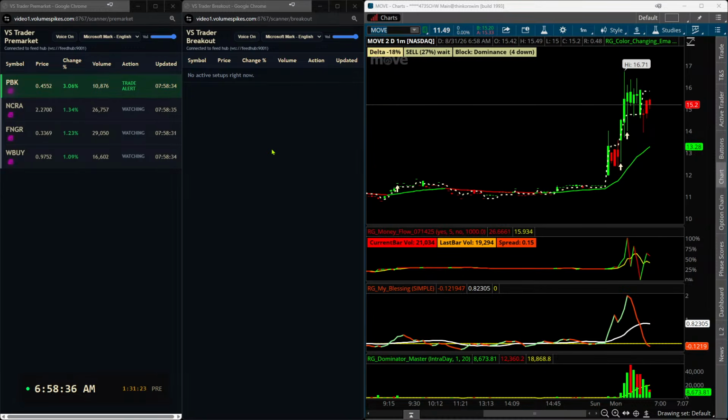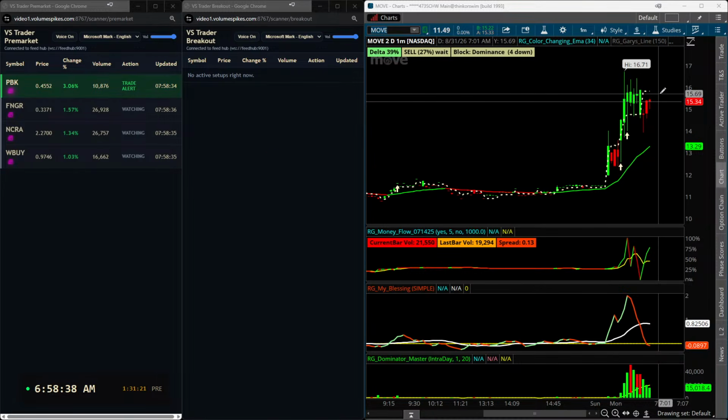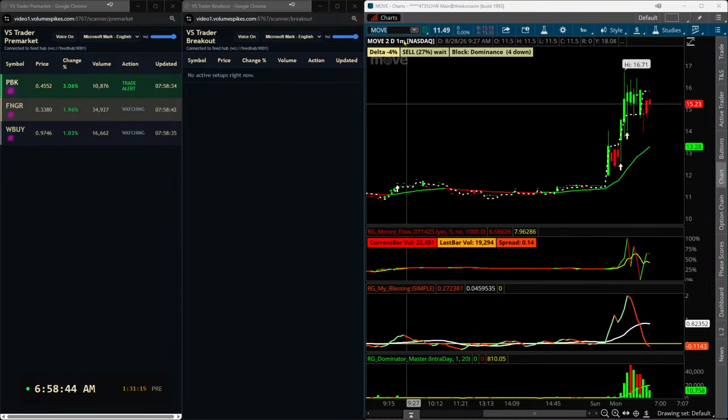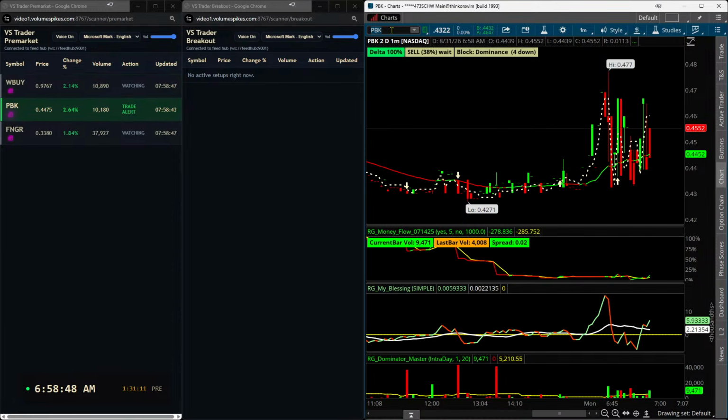We are aware that it's moving, but it's not moving anywhere. It's just bouncing right here. PBK. Really choppy, really choppy. Nothing there to see.